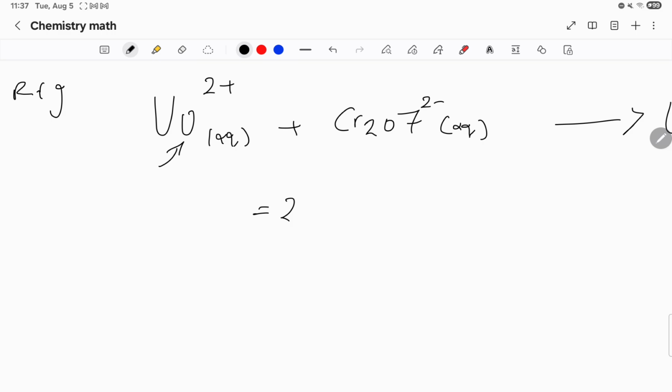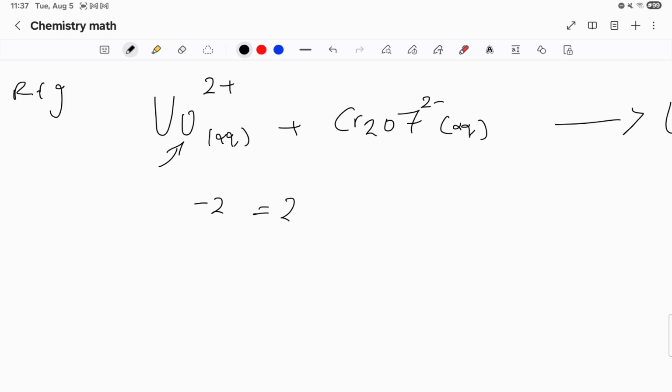Oxygen, in many scenarios, has an oxidation number of -2, except for when we're talking about peroxides and superoxides.